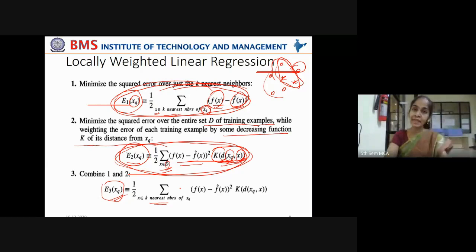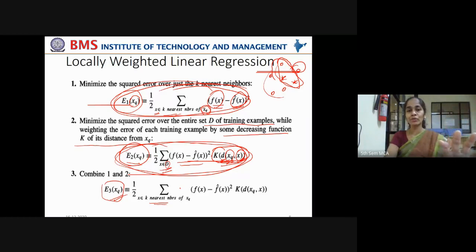Now among those k nearest neighbors, you are giving the weight again. You understood how we arrived at the final equation? Initially, we calculated the prediction error of only k nearest neighbors. In the next step, we calculated the prediction error over all the training examples by associating a weight to each of the instances based on its distance from the new instance.